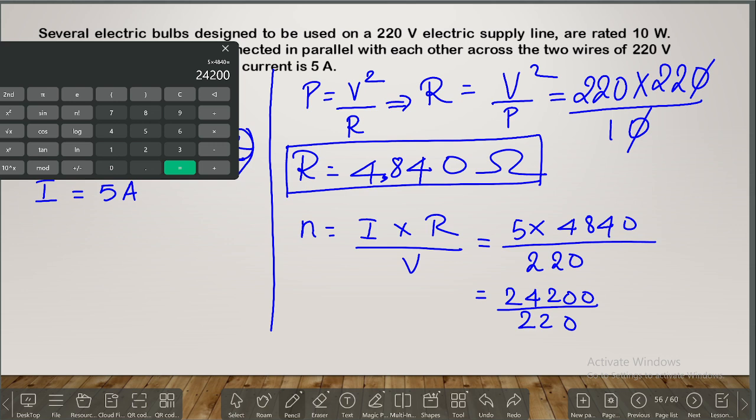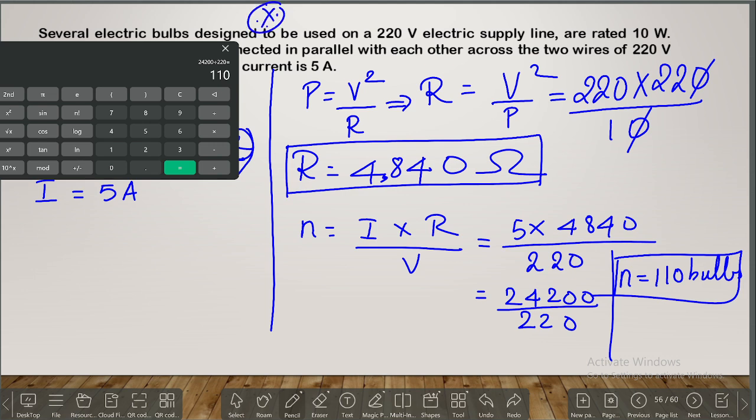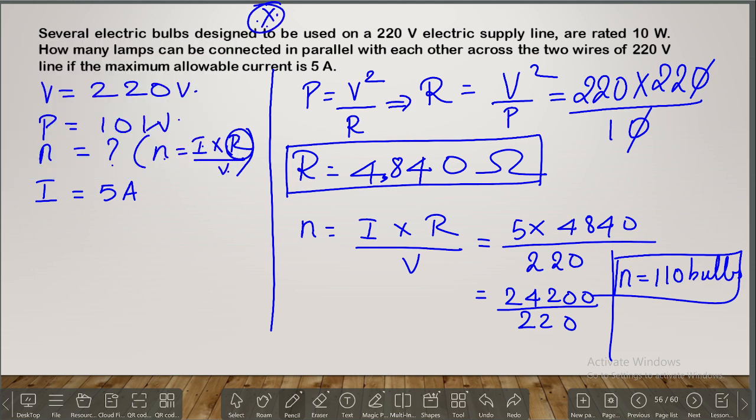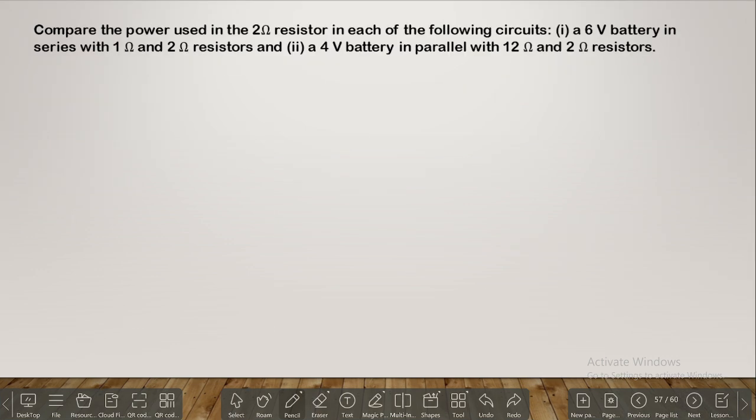Now divide these two numbers. 24,200 divided by 220, that will be equal to 110. That means how many bulbs are you going to connect over here? 110 bulbs. One of the important questions, they will be asking this one in the model exam.